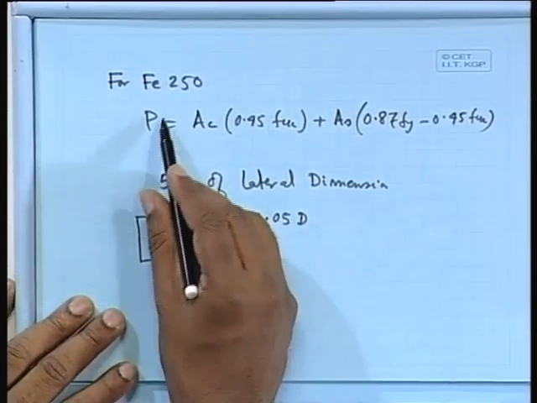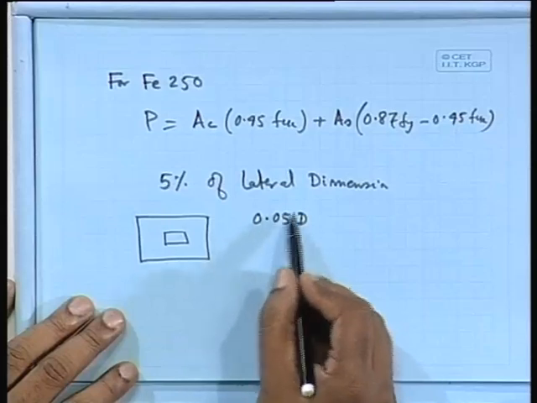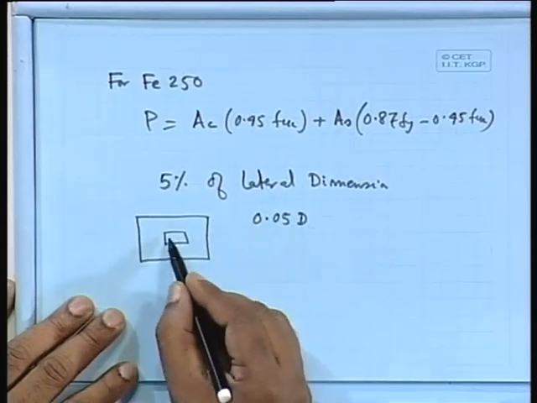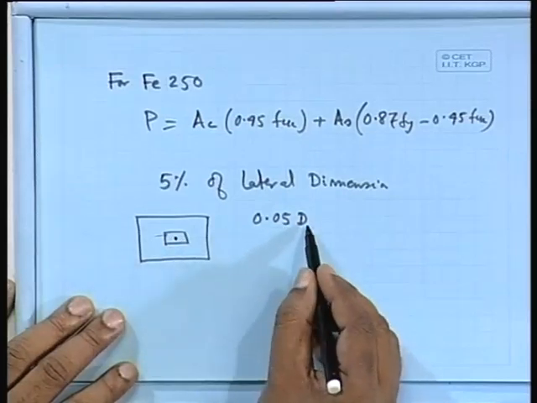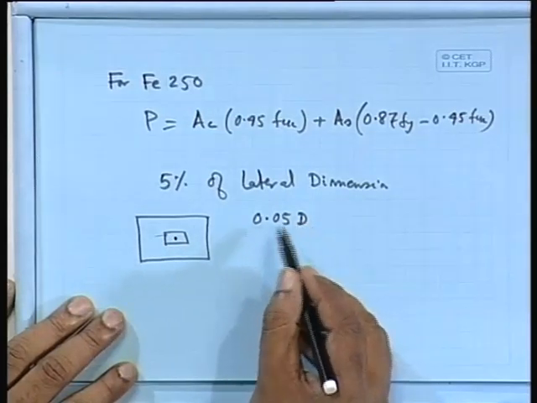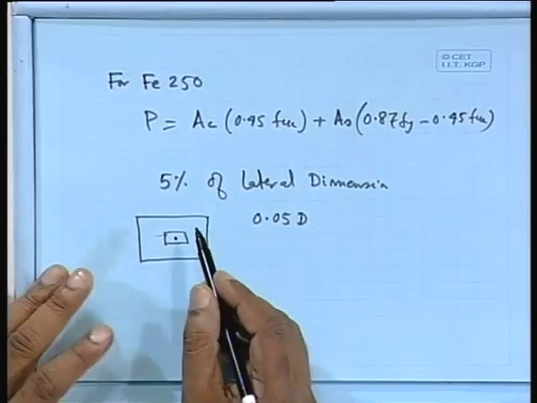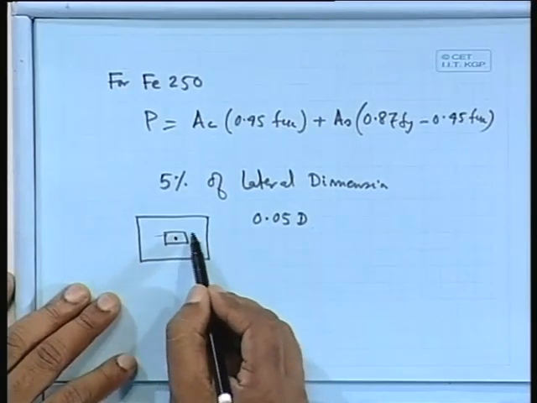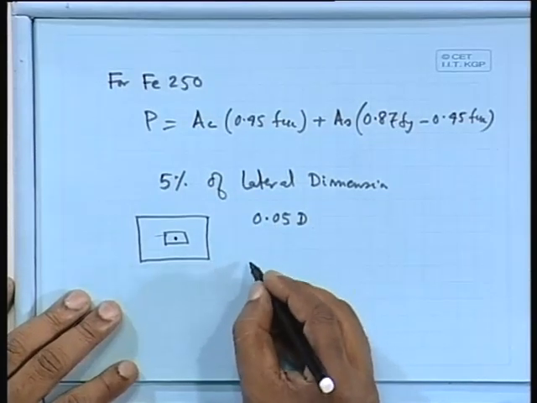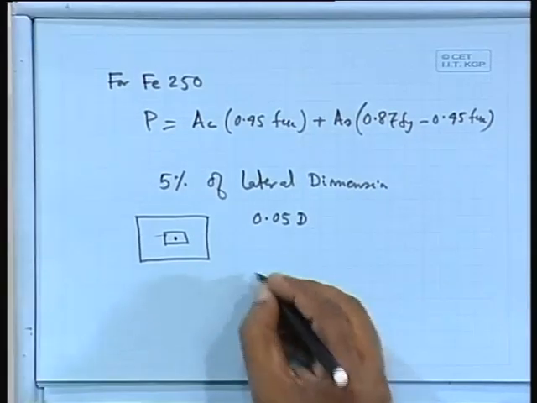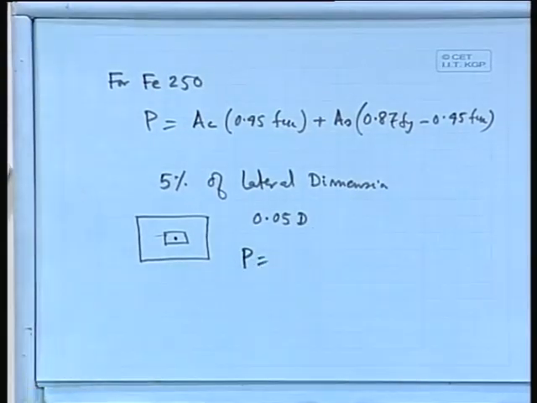But here, since we are talking about an axially loaded column, we are not necessarily at the midpoint; it can go 5% of the lateral dimension, so 0.05 D. If due to construction error or whatever, it will happen, and then we can go up to 0.05 D. That is why we consider that P equal to, I can now come back to your clause 39.3.